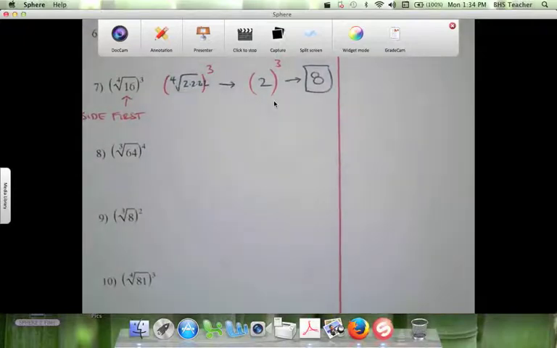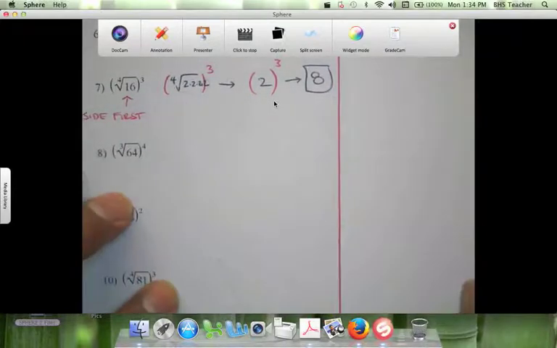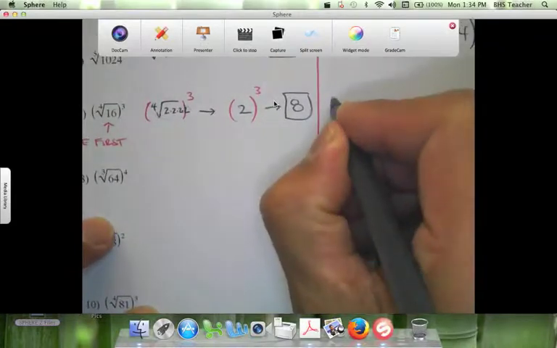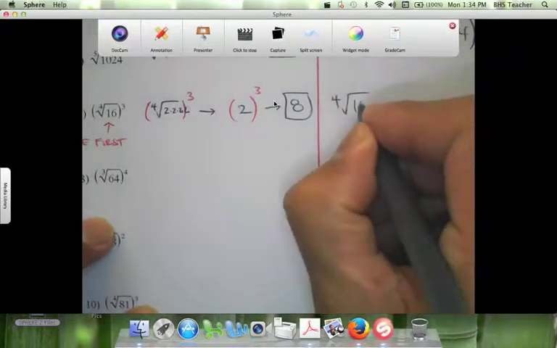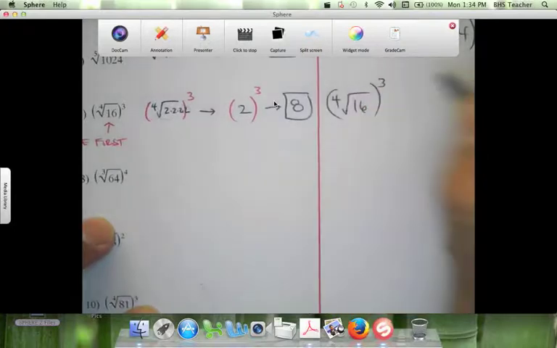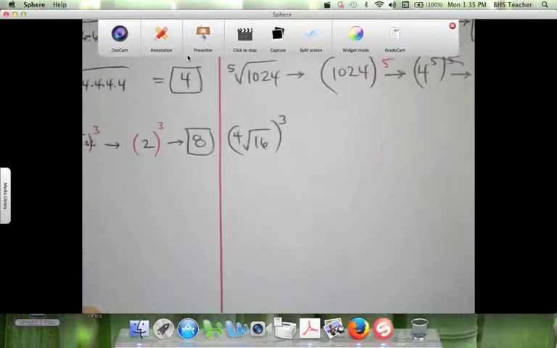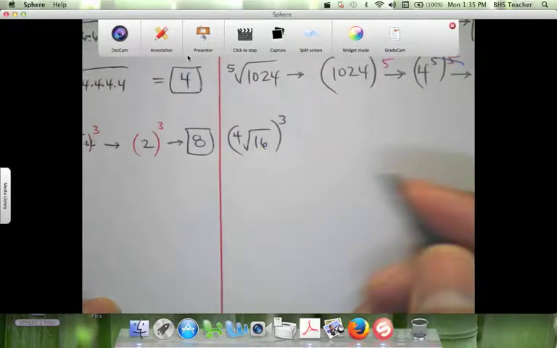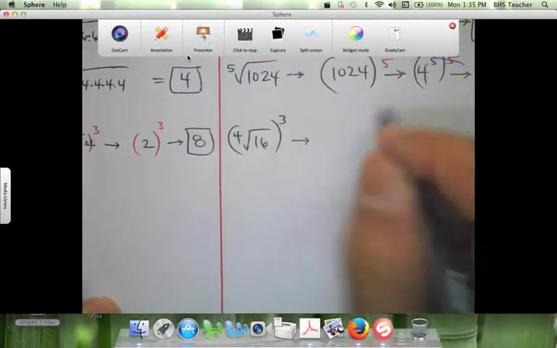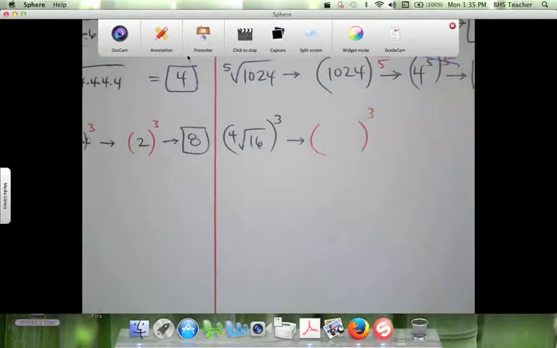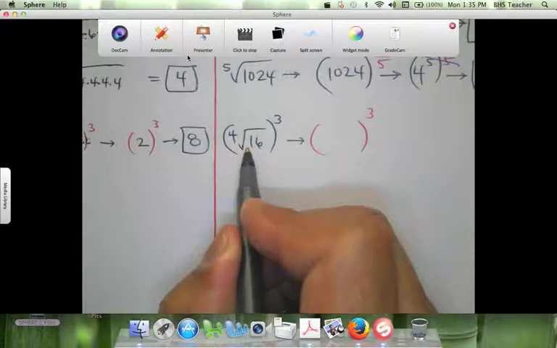Alright, now how do we do it using this other approach? The 4th root of 16, and then that to the power of 3. The 3 will stay outside. You have to worry about the inside first as well. But you're going to change it. We're not working with these radicals.